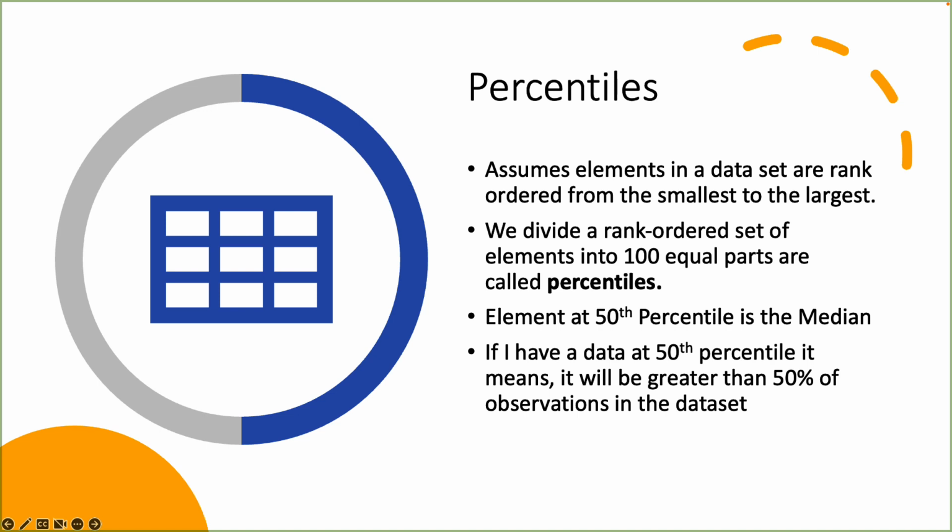If I want to connect back to our other concepts, the value at the 50th percentile will be my median value. And if I have a value at the 50th percentile, it indicates that the value is greater than 50% of the observations in the data set. That is what a simple percentile would mean. The key thing to remember is that I'll be finding the percentile only on the ranked order set. This is very important. Only once I have ordered the data will I calculate the percentile values.